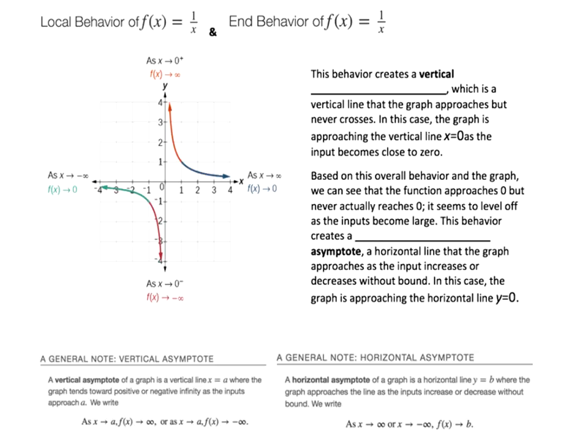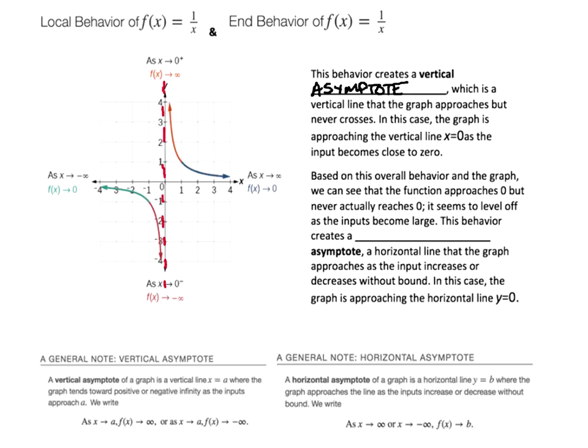Okay, so local behavior of f of x equals 1 over x, and end behavior of f of x equals 1 over x. We can see that the behavior of this graph to the left creates what we call a vertical asymptote. Here's my vertical asymptote right here.